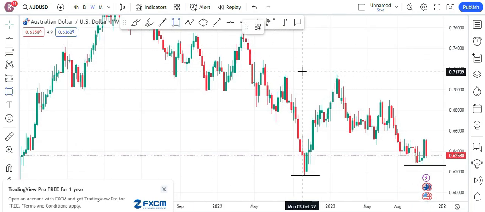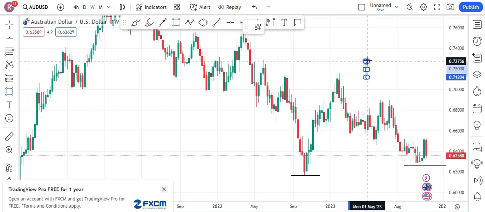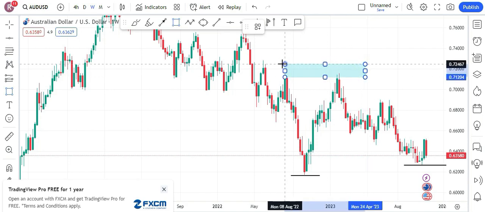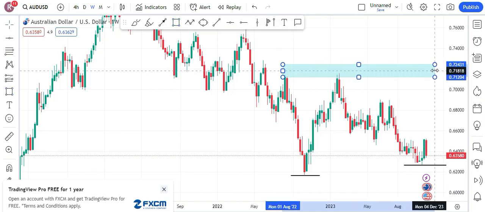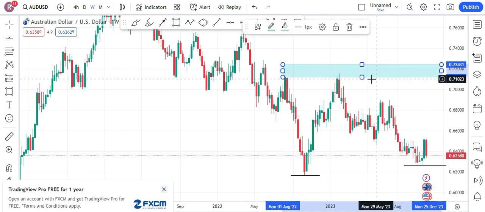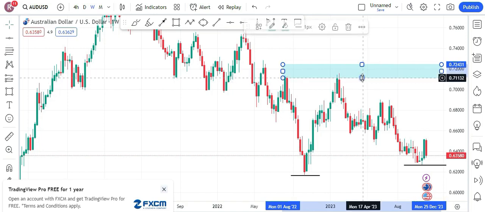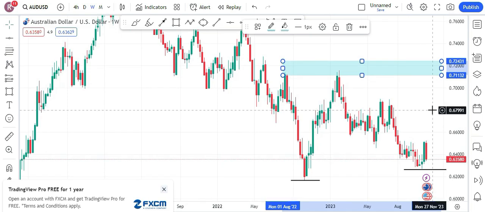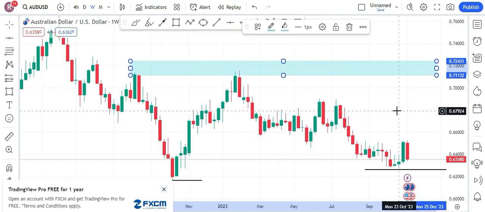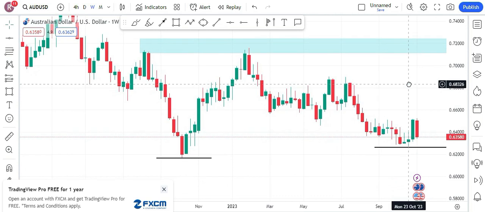So let's put this double top in action. This is the double top we have. For a double top we need green and red. So this is the double top we have at the moment in the weekly time frame.